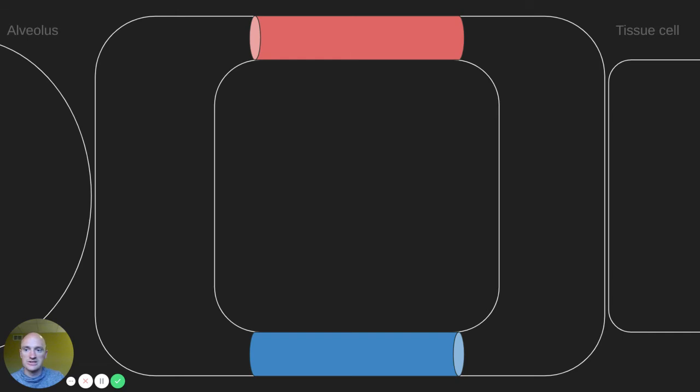Okay, so let's start over on the left. You suck in a big old breath, and of course, what we want to take in is going to be the oxygen. That's all oxygen. Remember, the purple is the oxygen. Now that oxygen starts to diffuse into the bloodstream.